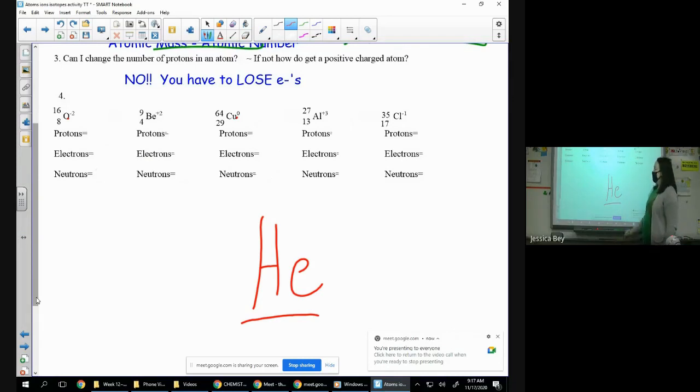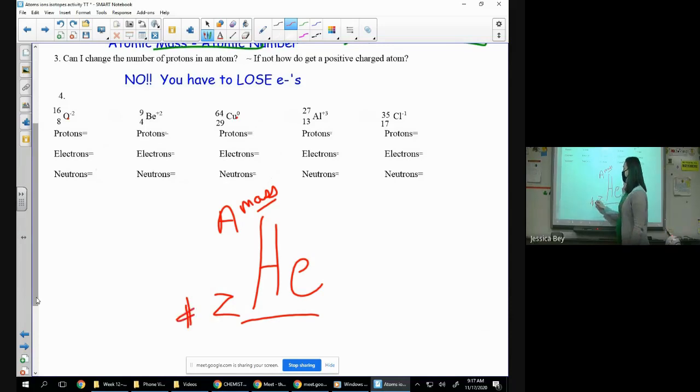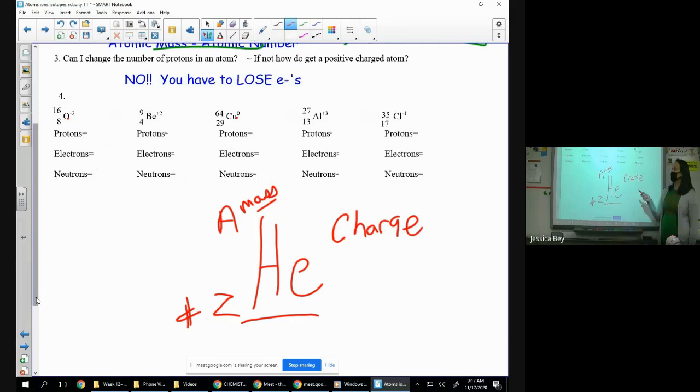And then remember, the A, or the mass, goes up at the top. The Z, or the atomic number, goes at the bottom. And then the charge goes up in the back. Okay? So if we're looking at O, it has 16, 8, and -2.